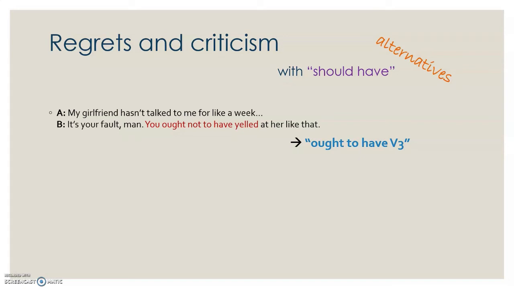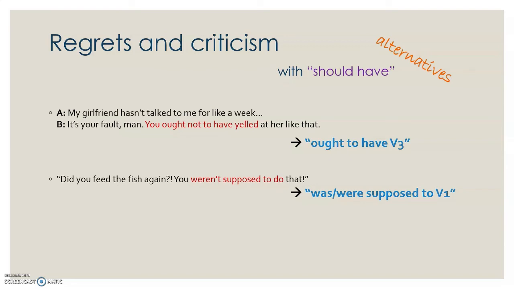But you may see it in a reading text, or you may hear it in a listening recording, so you should know what it means. Ought to have means should have. Okay, here's another example. Did you feed the fish again? You weren't supposed to do that.